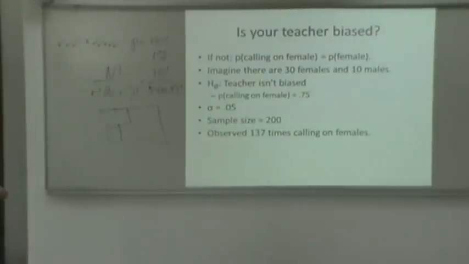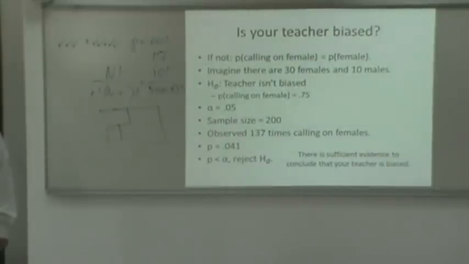Probability of observing an event that or more extreme is 0.041. What do you do? It's less than alpha. You reject the null. There is sufficient evidence to conclude that your teacher is biased.